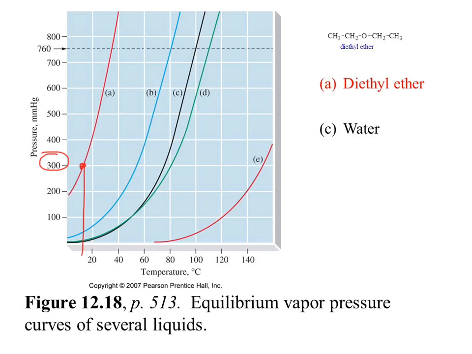And for water, you have to jack water up to a temperature of maybe 75 degrees Celsius. So that's just a way to compare what temperature you have to get to. Does this seem reasonable that diethyl ether is more volatile? Does that seem like it to you? Yeah.